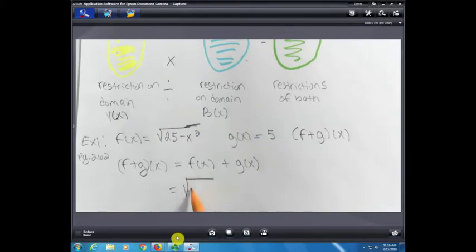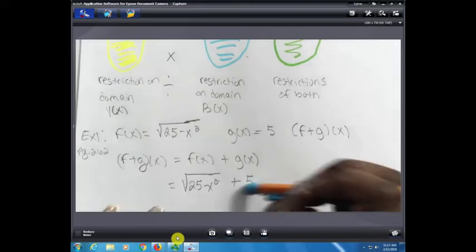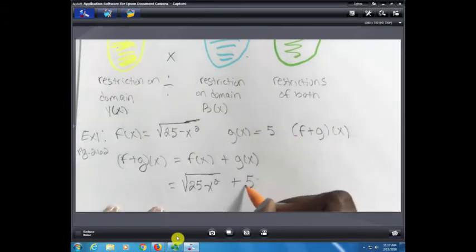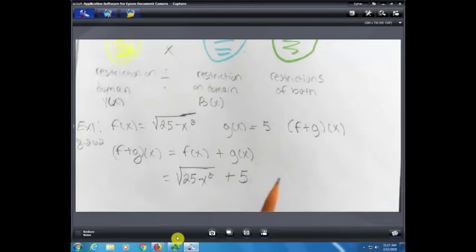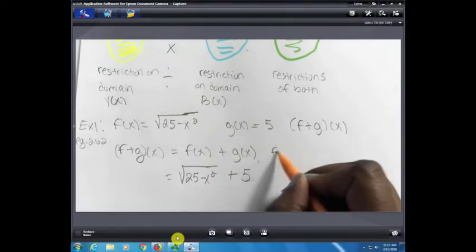So my f of x function is 25 minus x squared, and I'm going to add my g function. And technically, that's all I can do with that problem. I mean, they're not like terms, so I can't do anything else with it. Now, you can evaluate these functions at a particular number.